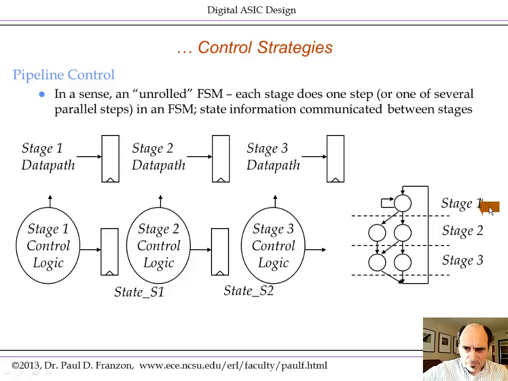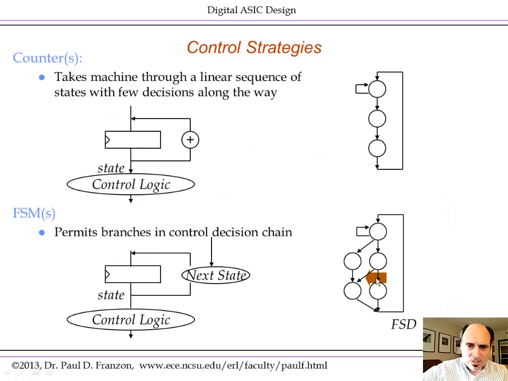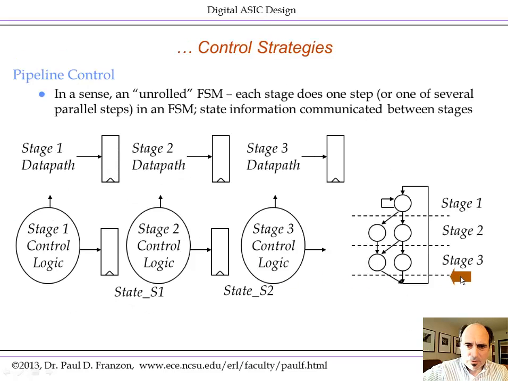then what you're doing is instead of having a finite state machine such as shown here with its feedback, you're feeding forward the next state to the next piece of logic.